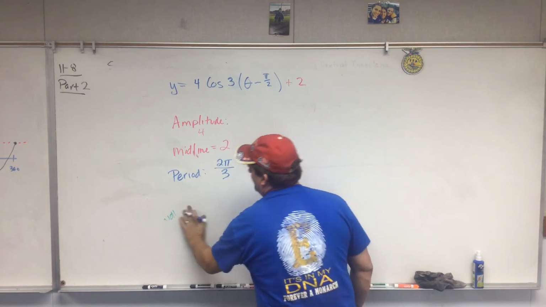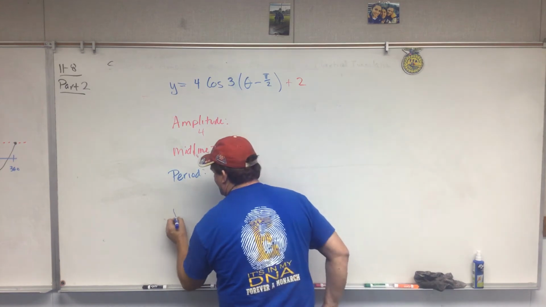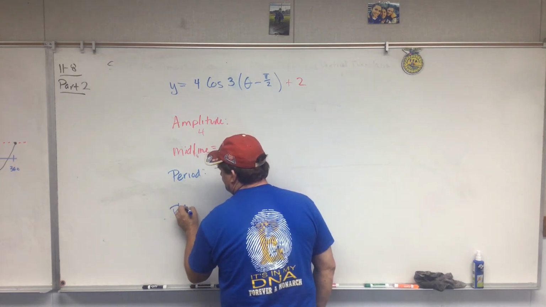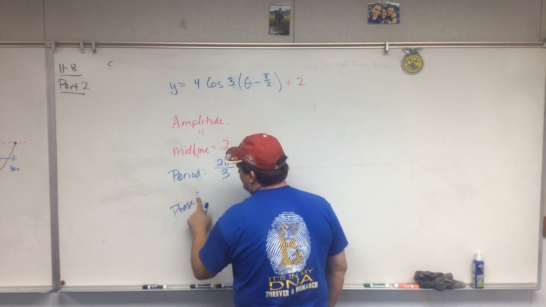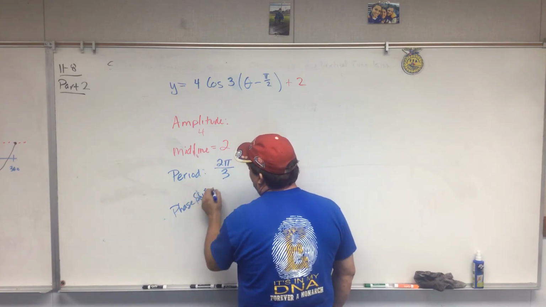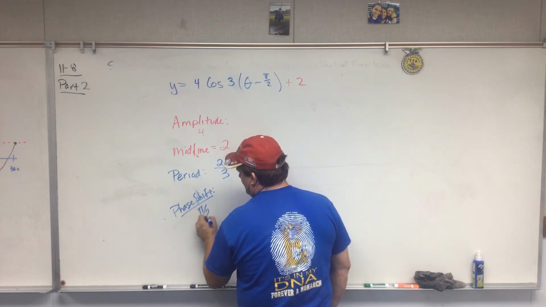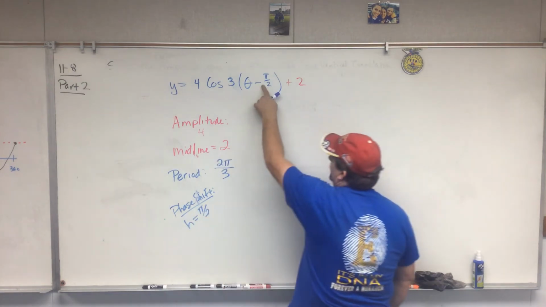So that's my new period. And then my phase shift is pi over 2. H is equal to pi over 2 because it's the opposite of what we see.